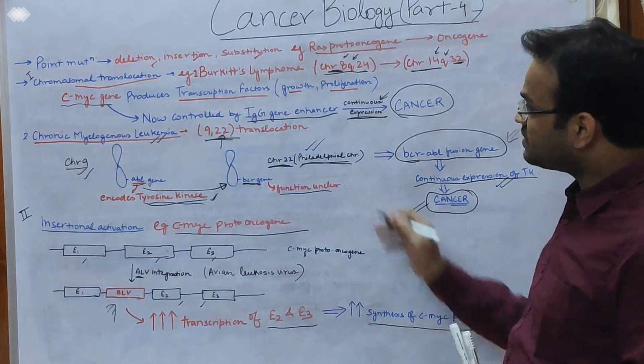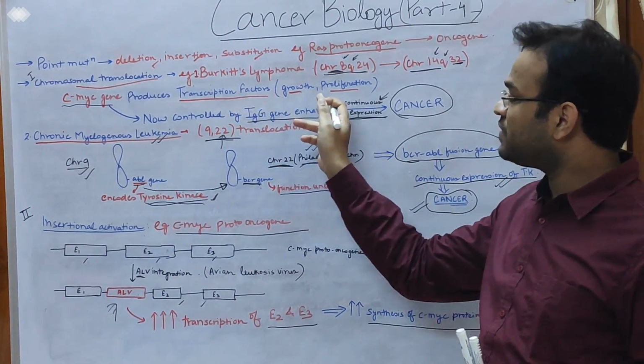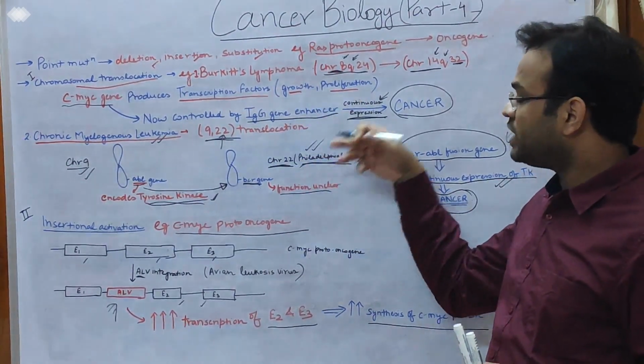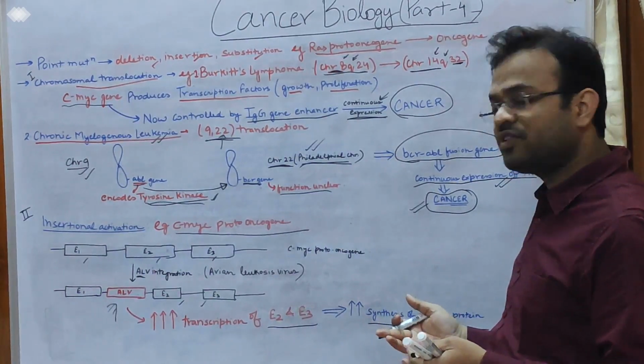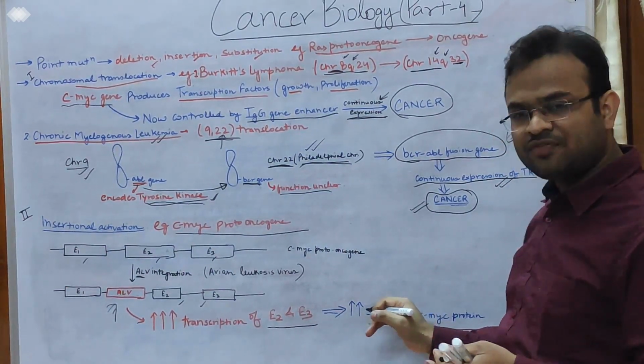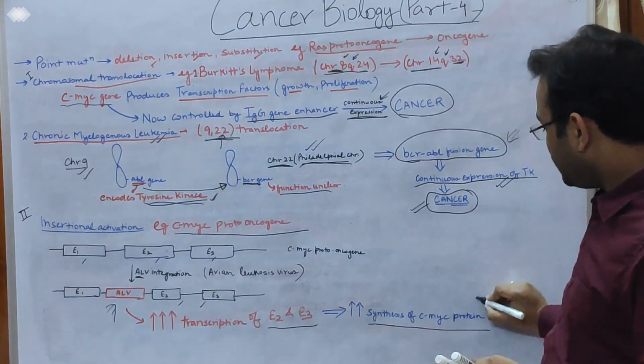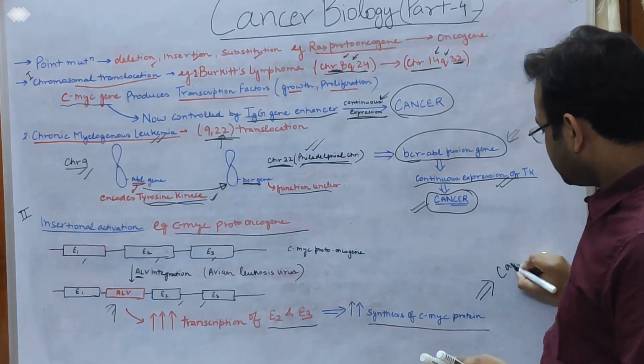We have already said that c-Myc produces transcription factors. That means a lot of growth and proliferation will take place after this occurrence, and again it will lead to cancer.